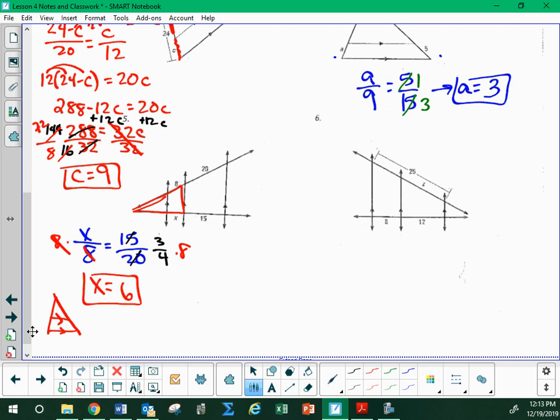So I'm not using side splitter, but the corollary, which basically just says we can extend out what side splitter says with multiple parallel lines. So that's a good distinction to make, because if it asks you to justify which one to use, side splitter has to make the triangle. Here, if you look, the pieces that I used were not the triangle.